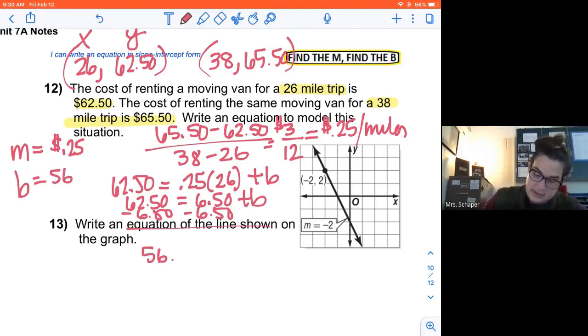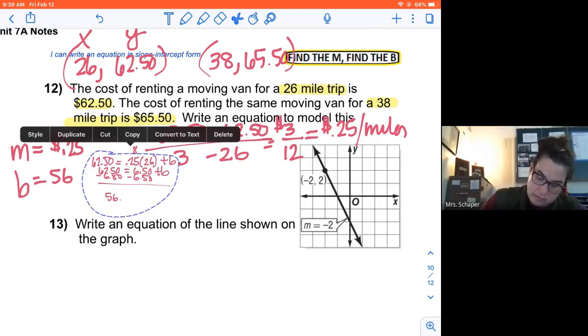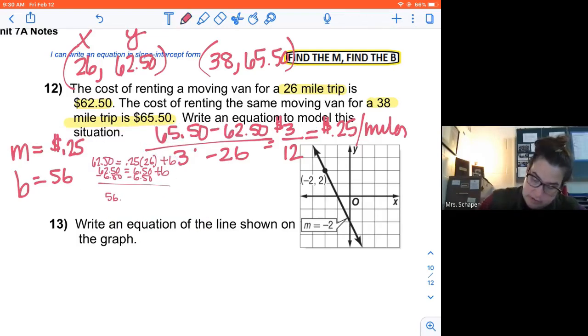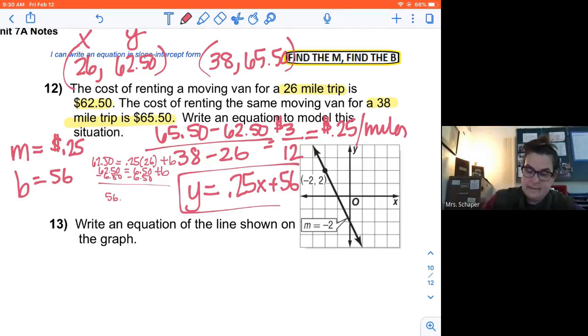So I'm going to shrink this up a little bit. So Y equals 25 cents per mile plus $56. Yeah. See another case where we have to find our slope. We're going to use that slope formula again, and it's going to keep coming back.